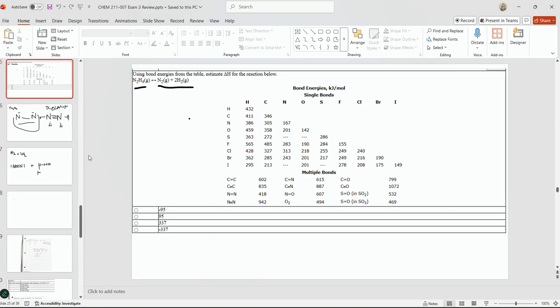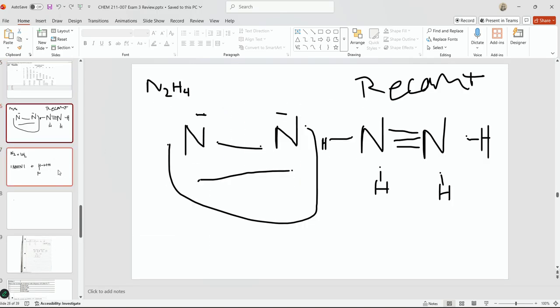Okay. So just like you guys wrote it down in your paper, just compare how many bonds form we have here. I'm going to write it down in my paper as well.